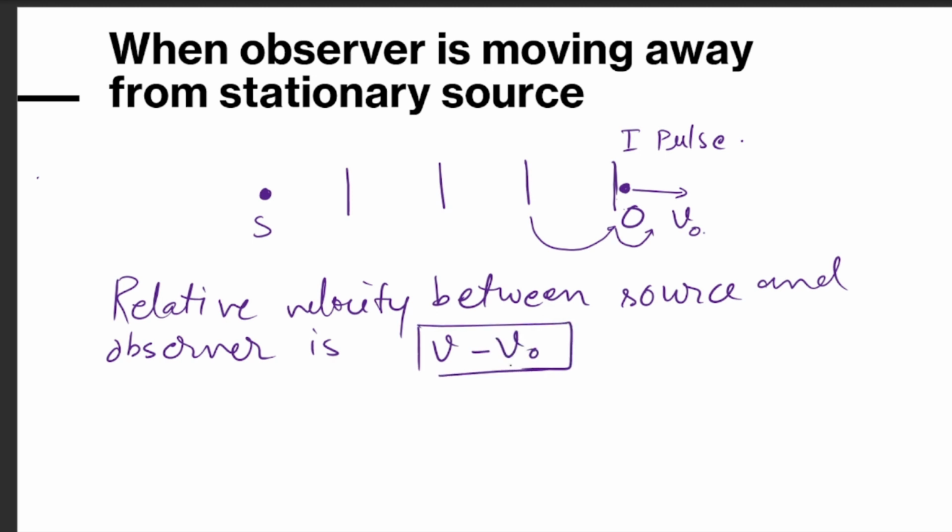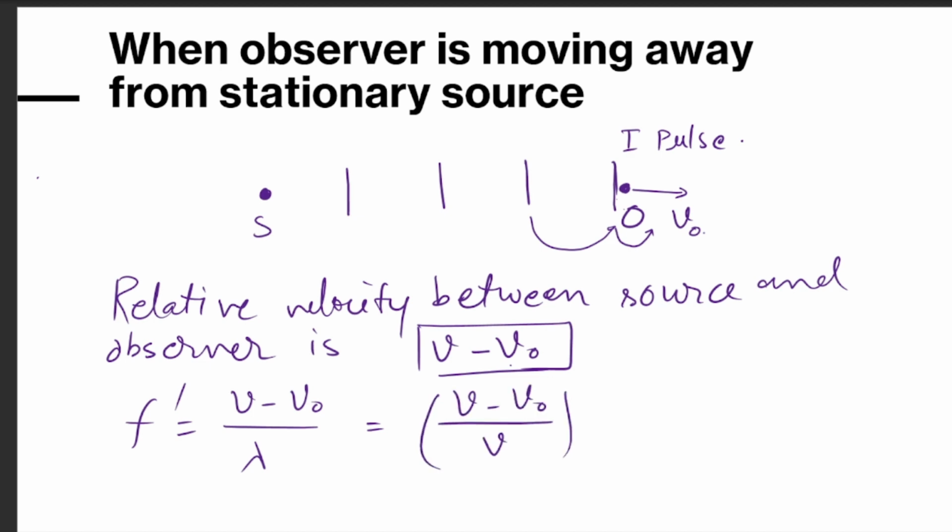Now the rest of the things will remain as they are, and you can find f dash is equal to, I'll do it quickly, v minus v naught by lambda, is equal to v minus v naught by v into f. F is the original frequency. So now we got all the four formulae which are required for solving the questions related to the Doppler effect.